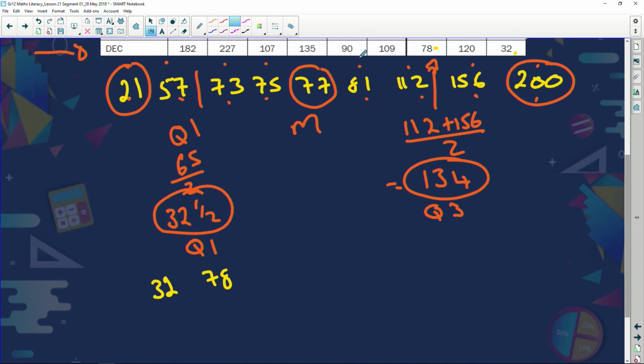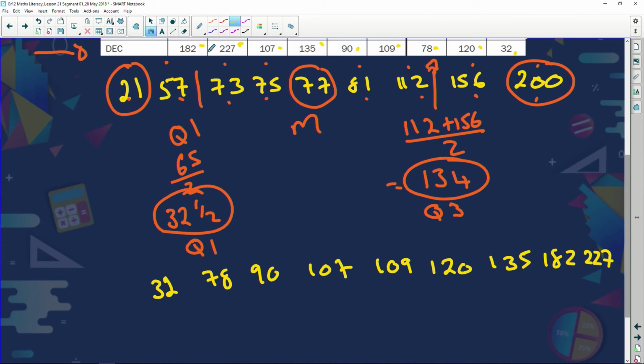Then I have a 90, so we write 90. I've then got 107, so we write 107. I've then got 109, then 120, 135, 182, and 227.